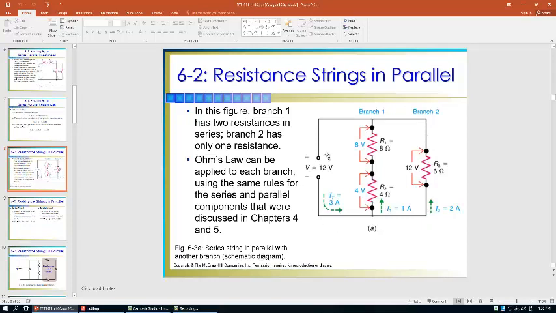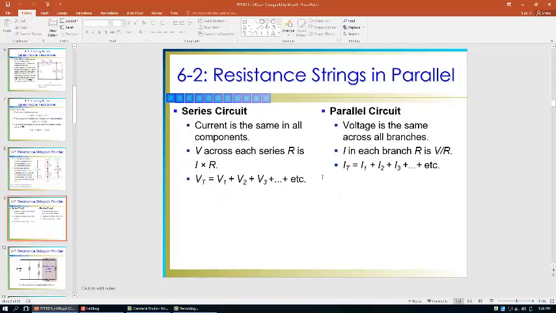So these 12 volts are applied here to this point, and remember that this point is a common point for both branches. So this point right here and this point have 12 volts across. So 12 volts go here, and 12 volts go on the other branch as well, because they're connected in parallel.